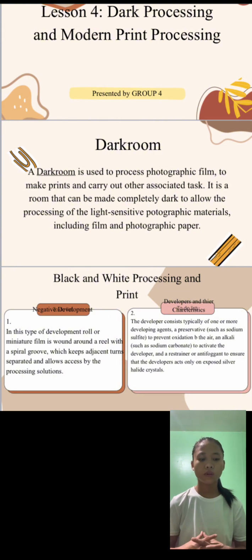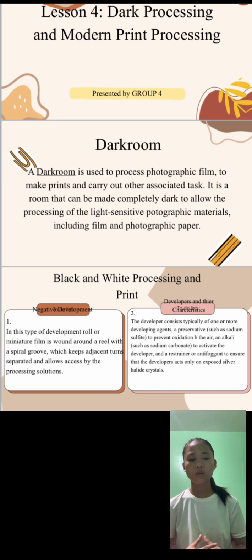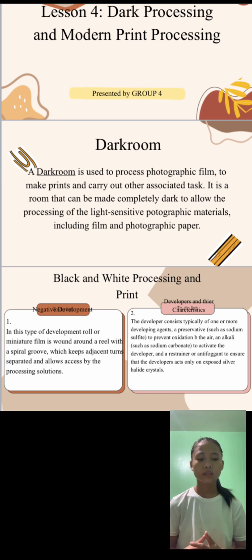Sheet films are similarly treated in a small tank or held in hangers and immersed sequentially in the different processing solutions. Large-scale commercial processing laboratories use machines that automatically feed the film through the solutions in proper sequence.